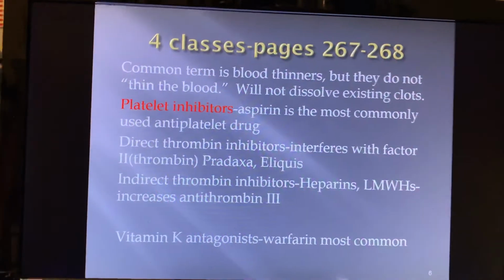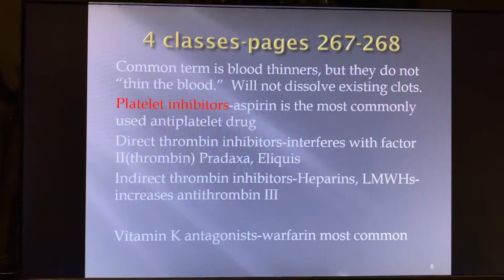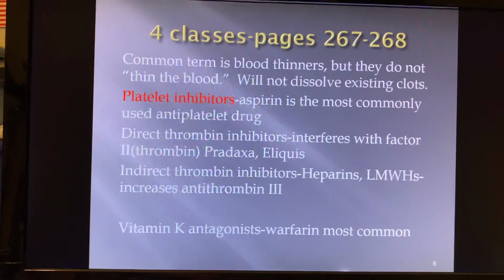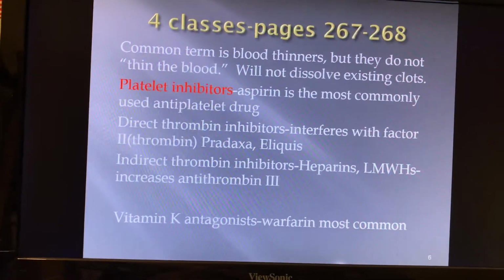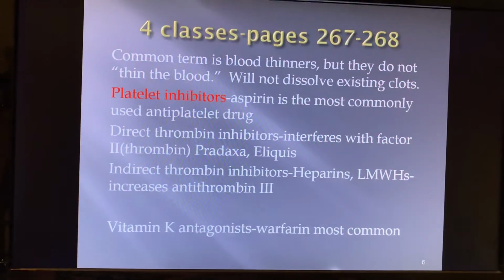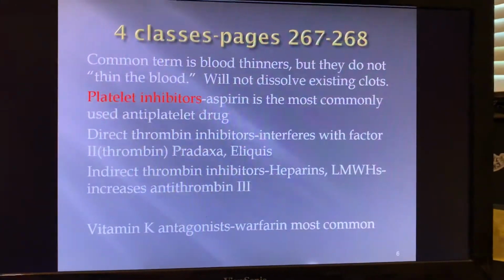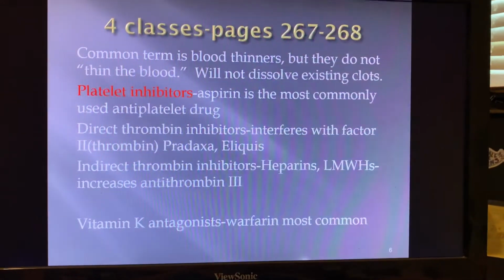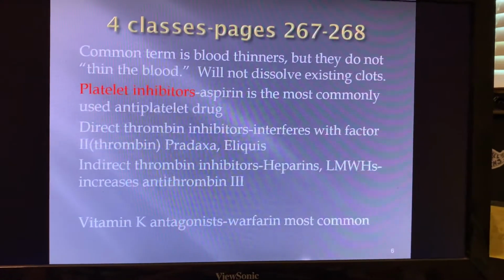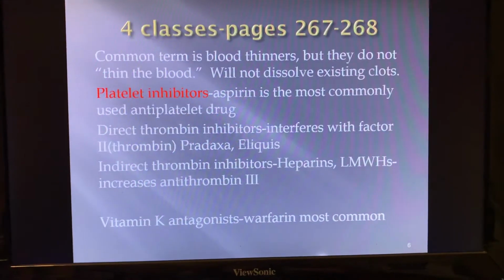And we recognize these drugs by name because they're still being advertised on TV. Then we have the indirect thrombin inhibitors that affect factors that ultimately affect thrombin. And these are known as the heparins and the low molecular weight heparins, the kind that are injected subcutaneously.